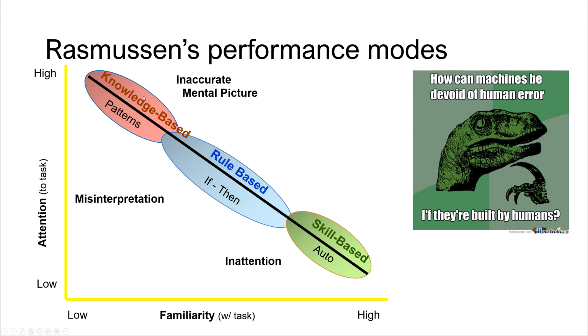So knowledge-based errors have the greatest level of error, rule-based slightly lower, skill-based lower still. This was Rasmussen's thinking, and it is still a fairly dominant way of thinking for a lot of standards or guidelines that you may come across. But again, it's not the whole picture.